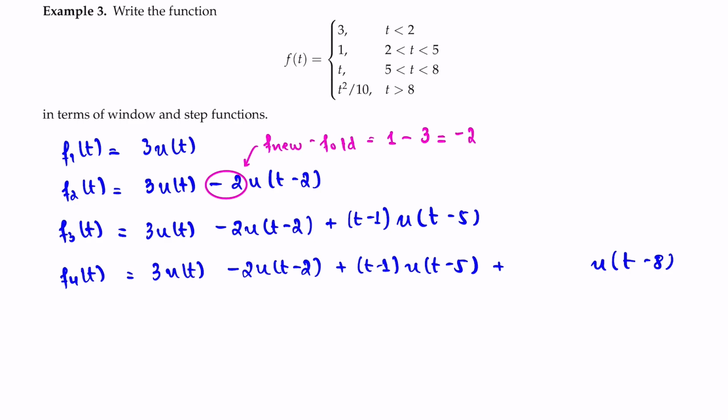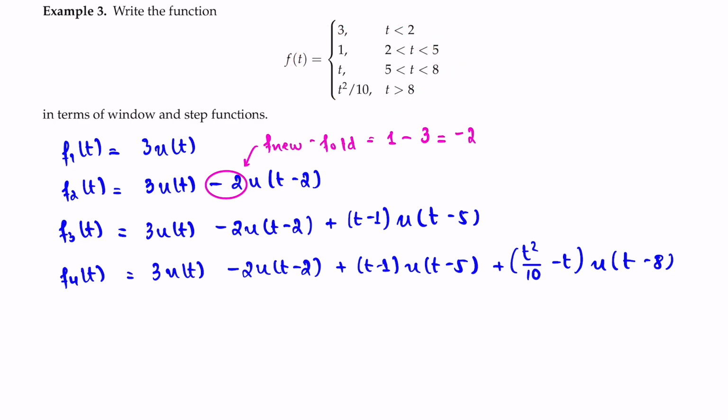You shift it to the right by 8 units. And for the coefficient, you have the new function minus the old function. The new function is t squared over 10, minus the old function t. So here you have t squared over 10 minus t. So that is the function that's used to represent the piecewise defined function that you have here.